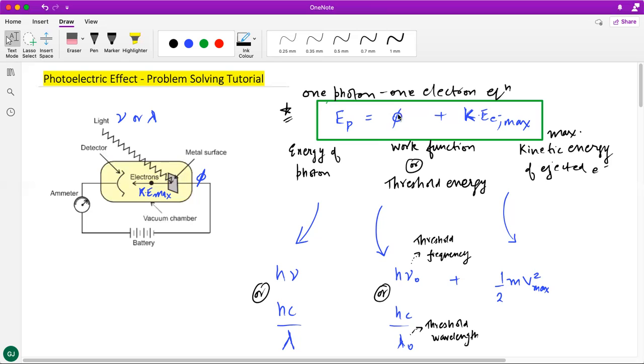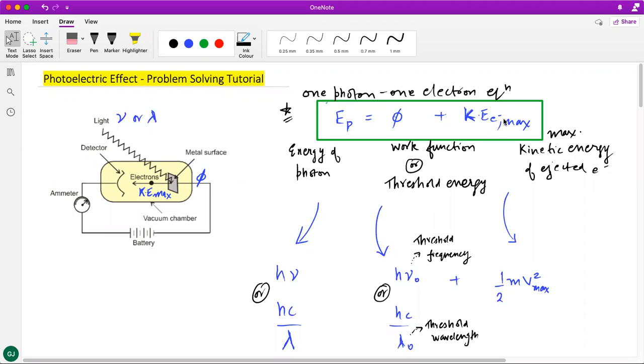This work function, let me remind you, is an important property of the metal itself. This is something which changes from metal to metal. For example, for a silver kind of a metal, it will be a different value. For gold, for copper, it will be a different value.